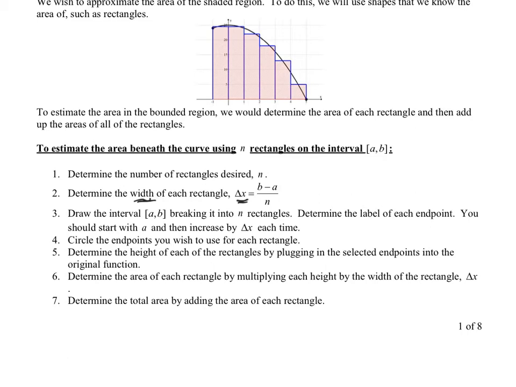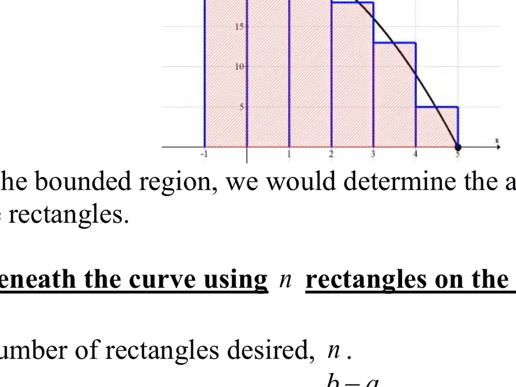The next thing you want to do is draw that interval from a to b and break it into those rectangles, so it can help you visualize what numbers you're going to be plugging in. It says determine the label of each endpoint. You should start with a and increase by delta x each time. Essentially, you're starting at negative 1, and we decided that the width was 1 every single time.